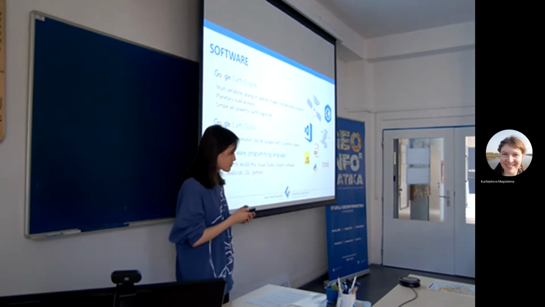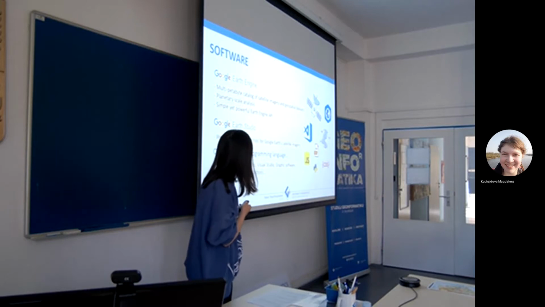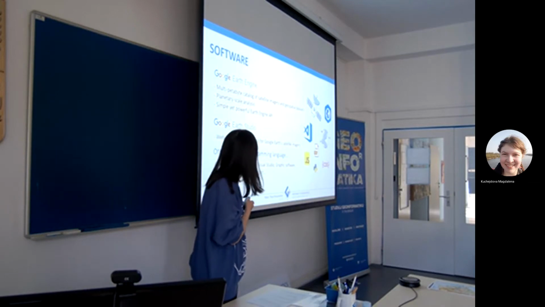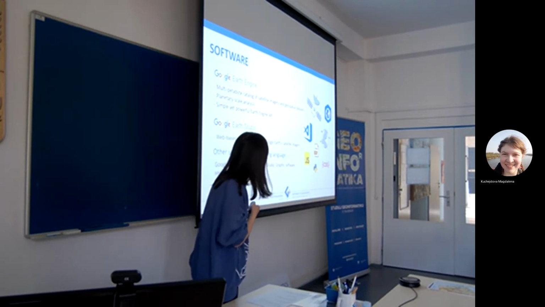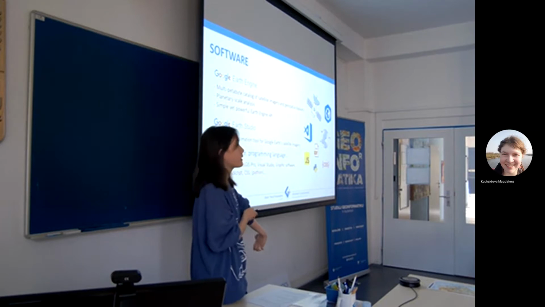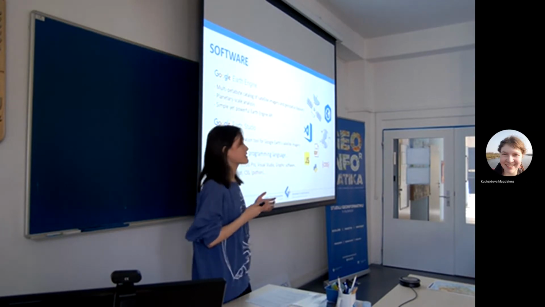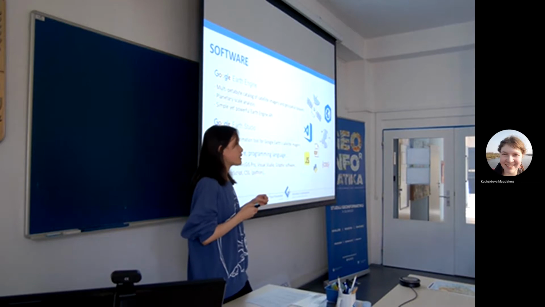These are the software that would be used. The most important one would be Google Earth Engine, which will be used to develop the web application. It is a geospatial processing service powered by Google Cloud Platform.